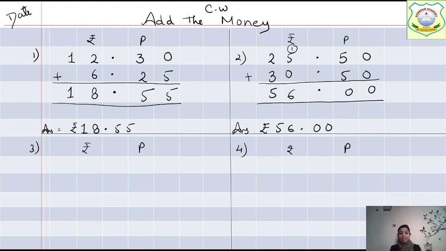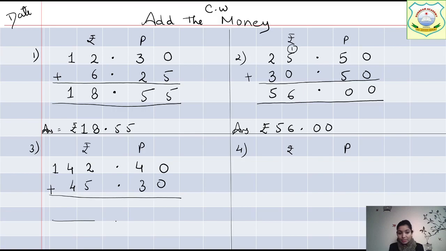Now I'm going to write the next question. You have to see and note it down in your notebook. Next question is 142 rupees and 40 paise. We have to add 45 rupees and 30 paise in this.